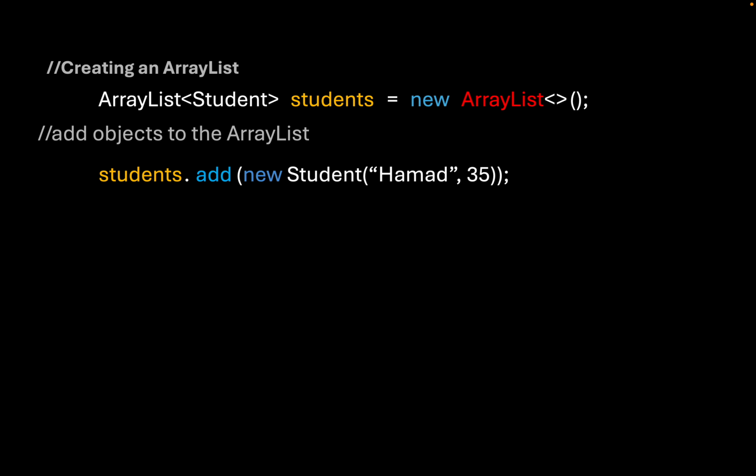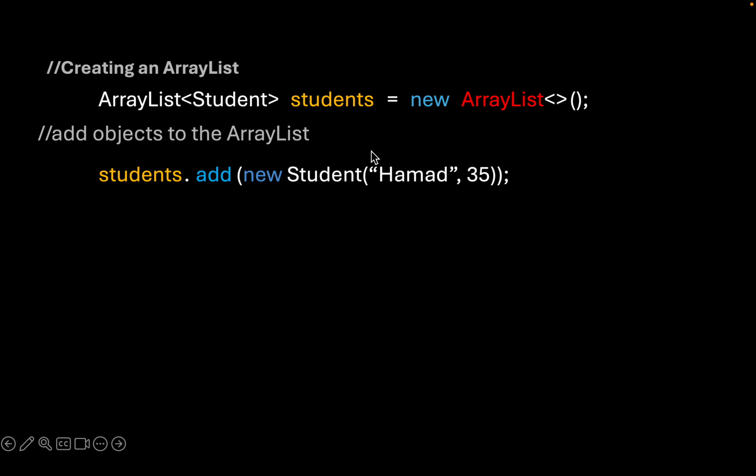So this line will be this: new Student, which is the constructor of the class Student, and we're passing two parameters. One is the name, one is the age, and we close this one and close the other bracket. So basically this line will create an object that will be passed to the add method of the ArrayList students. And now one element is added.